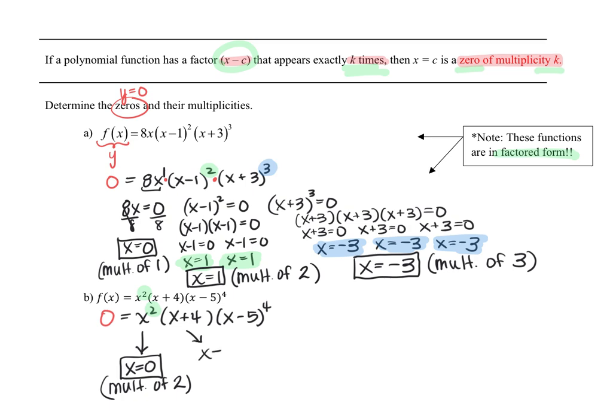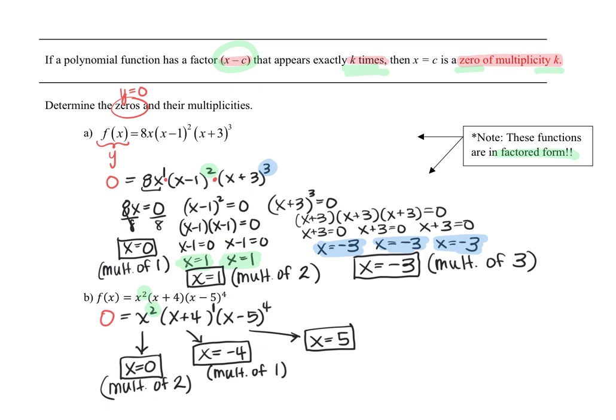Then our second factor is the factor of x plus 4. That produces a zero of negative 4. So that's our zero, x equals negative 4. But notice the factor x plus 4 is to the first power. So that means we just have a multiplicity of 1. Or you could say no multiplicity if you wanted to. That's not a repeating zero. And then our last factor is x minus 5, which produces a zero of positive 5.